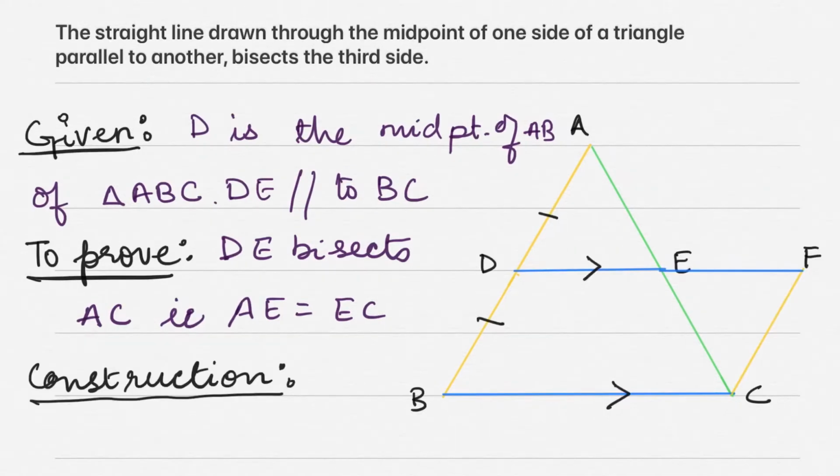So we can't prove it, we have to do some construction, guys. So for construction we will draw CF, which will be parallel to BA, as we did in midpoint theorem, right? And this will meet the DE produced line at F. So we have made this construction.